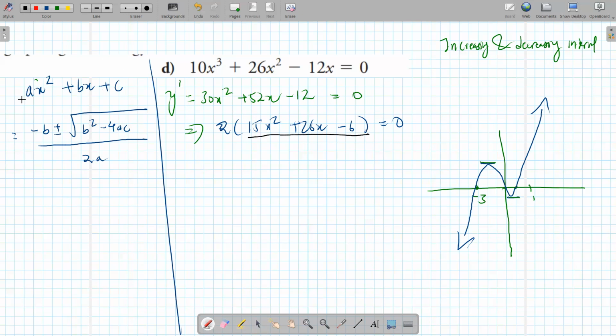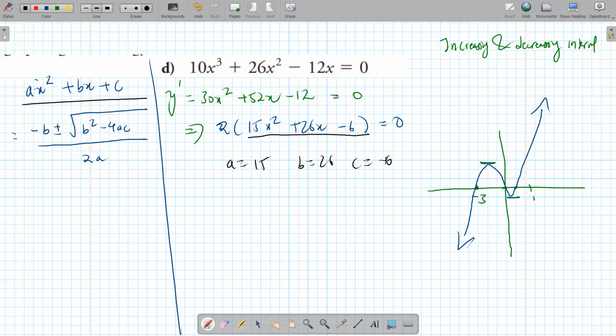Compare this with this. What are a, b, and c? a is 15, what's b? 26, and c is -6. Right, so step one, you always want to identify what a, b, and c are, okay? a is 15, b is 26, c is -6.